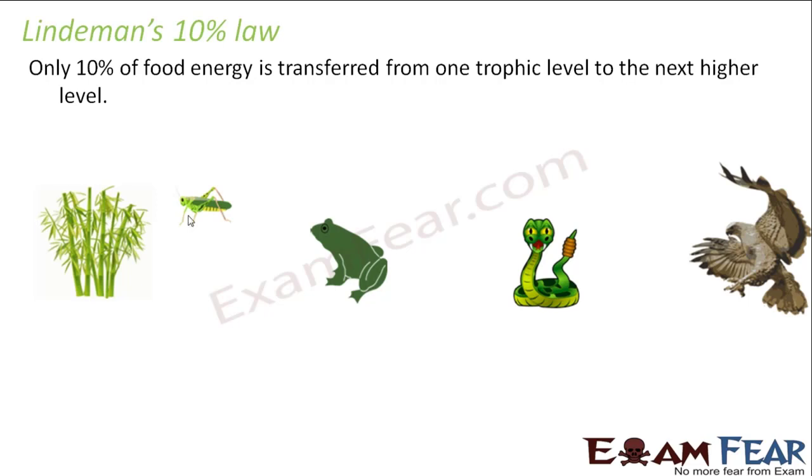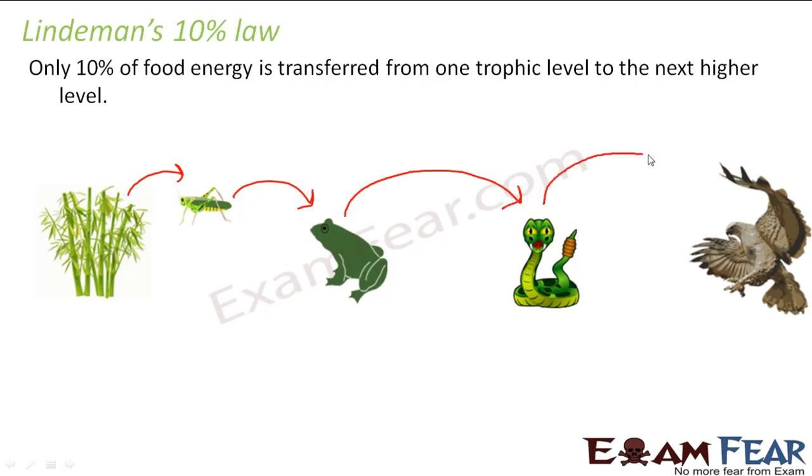That means whatever energy the plant has, only 10% of it will go to the grasshopper. Again, whatever energy the grasshopper has, only 10% of it will go to the frog. Again, 10% of it goes to the snake, and 10% of it finally goes to the hawk. And that is why it is never preferred to have too many levels in a food chain. So energy decreases as the trophic level increases. Therefore, food chains will generally consist of 3 to 4 levels.